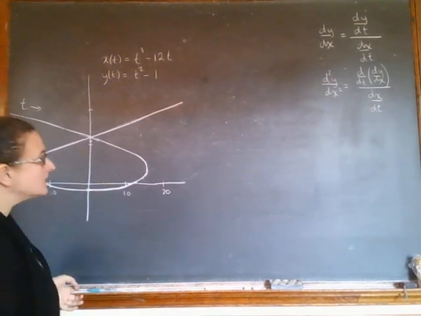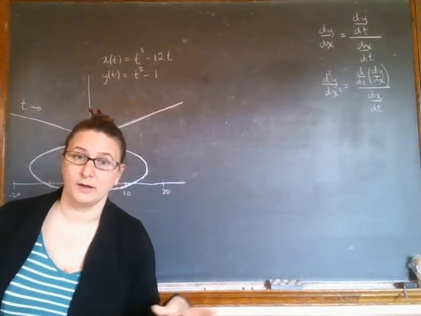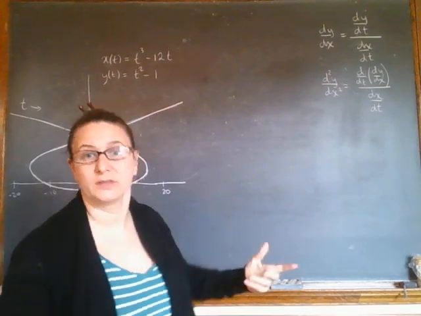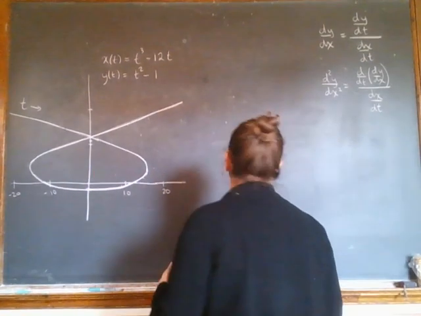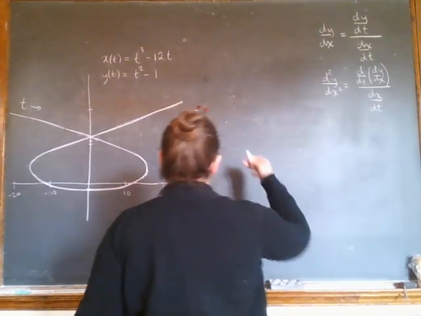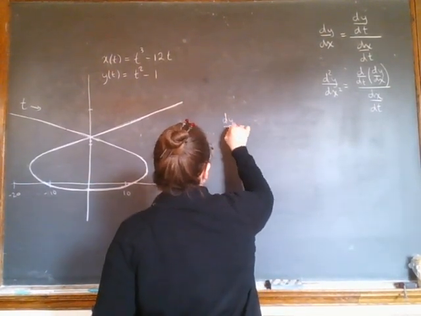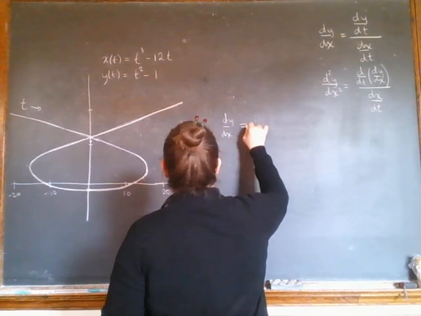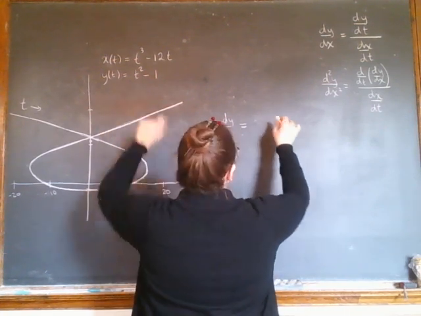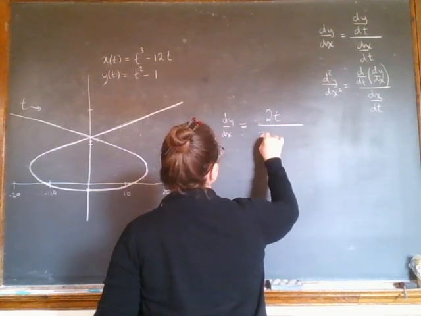So let's go through and see how we can figure that out with calculus rather than just saying, okay, here's a picture that the computer drew for me, so it must be the case. But these are fairly straightforward because they're just polynomials. So dy dx is going to be dy dt over dx dt.